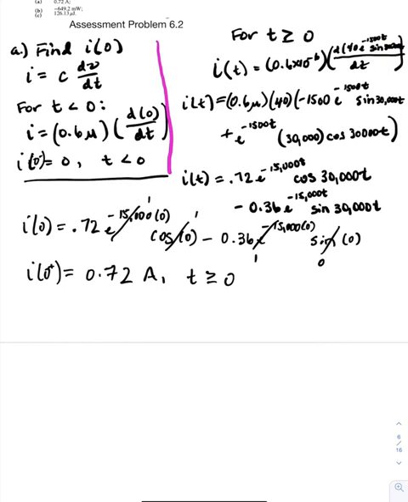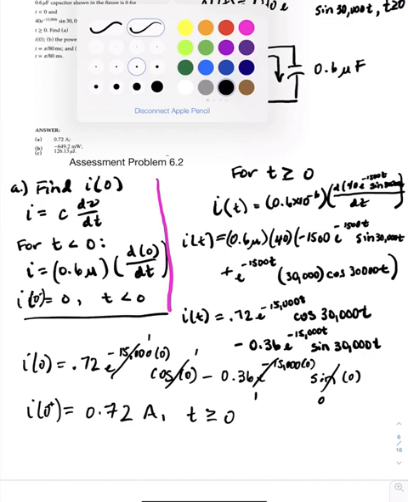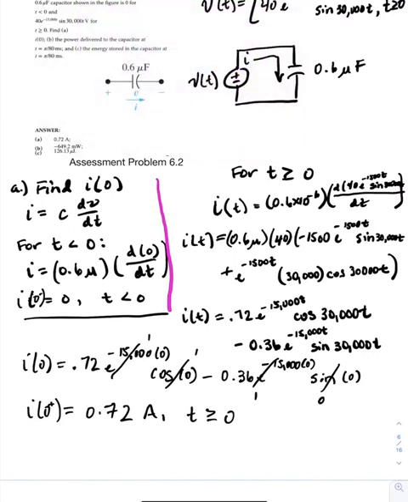Part B. Find the power delivered to the capacitor at time of pi over 80 milliseconds. Okay, so we have an expression for i of t, it's right here. Let's simplify that a little bit.